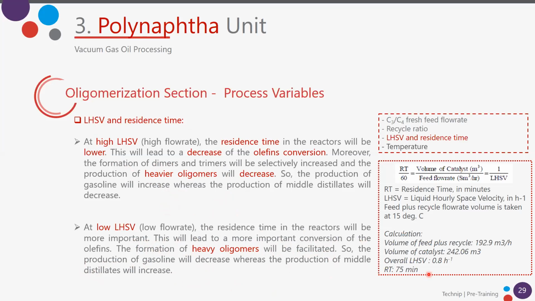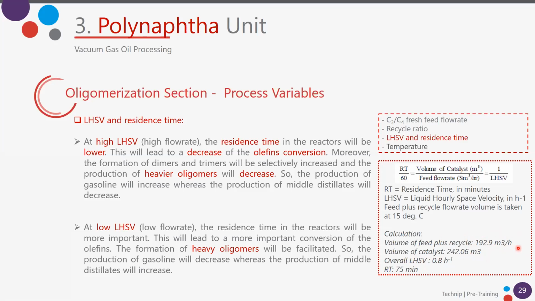Here you have the calculation for the liquid hourly space velocity. We have this liquid flow rate entering the oligomerization section, calculated also adding the recycle. Remember that we have the recycle from the top of the debutanizer, this paraffinic stream.